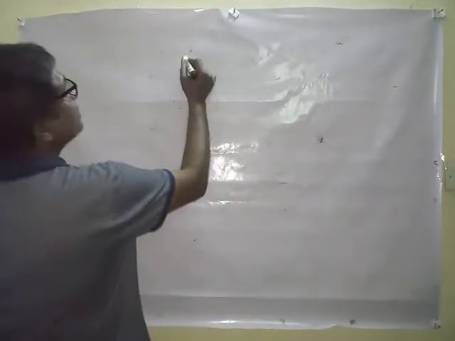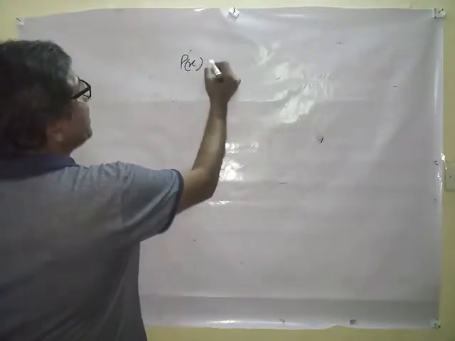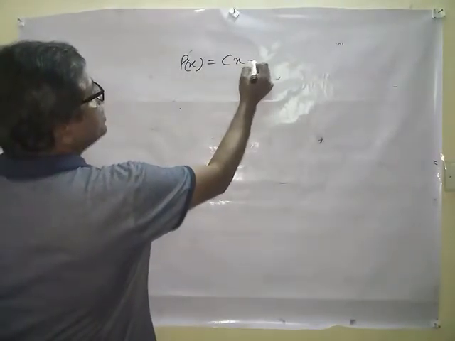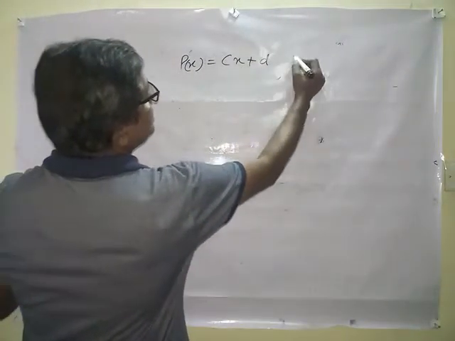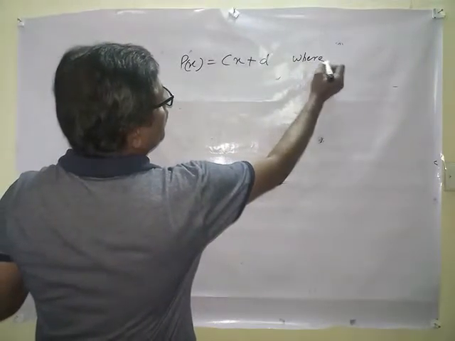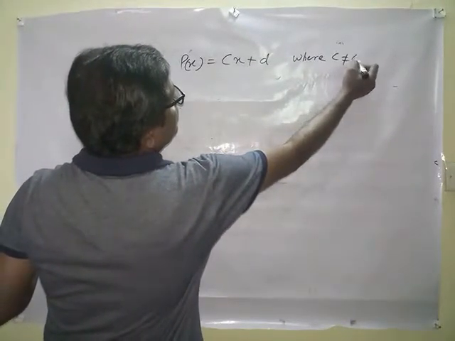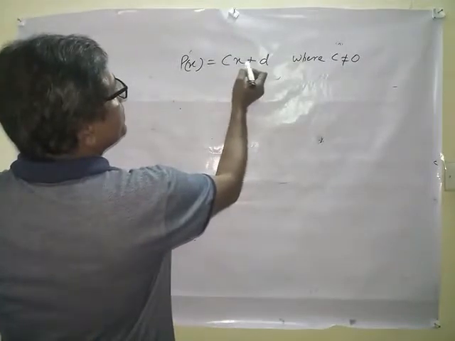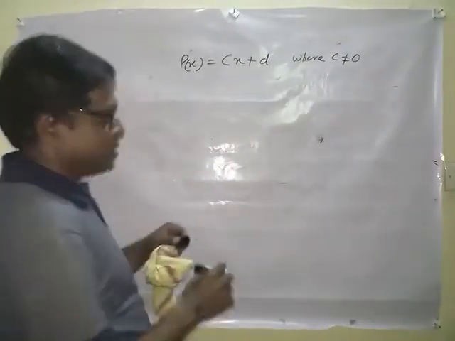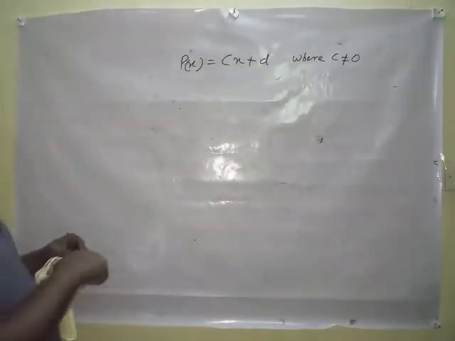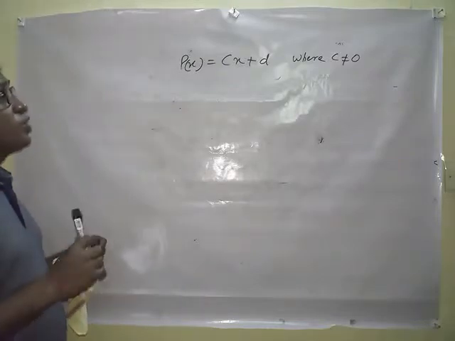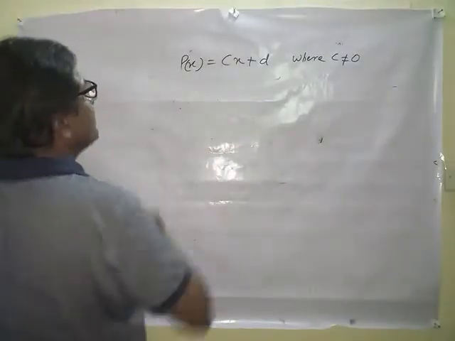Let's take another example. Suppose you are given P(x) equal to Cx plus D, where C is not equal to 0. Definitely, if C becomes 0, then it will be a constant. Of course it is still a polynomial, but the x value or zero root cannot be found.